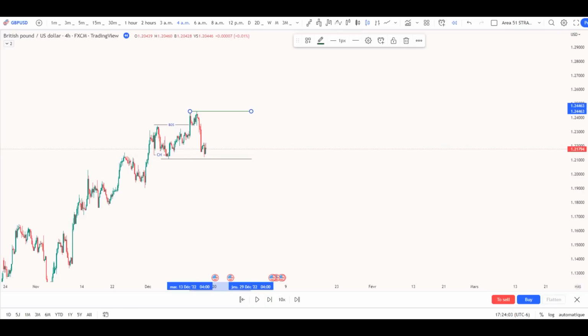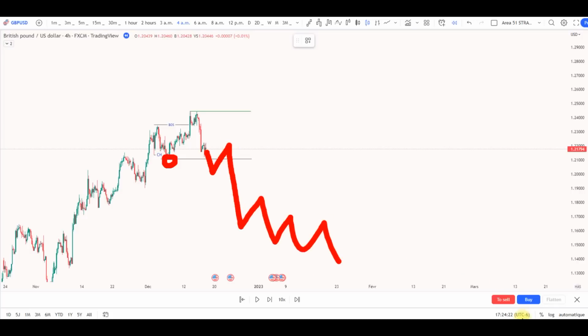All right, we're breaking a little bit of structures, kind of like internal structures, because this is all internal. These higher highs and higher lows that you see are all internal, but the original order flow higher low is right here. So once we break this higher low, this is going to be the official break to the downside. All right, let's continue playing.